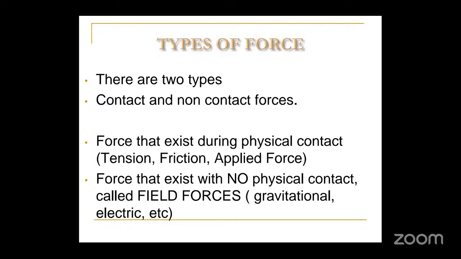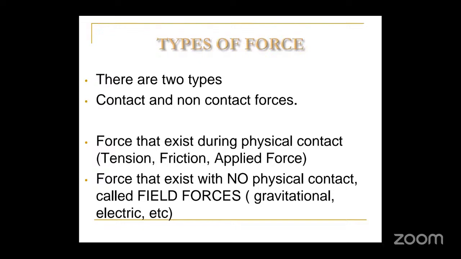By contact force, we mean that there is physical interaction between the object that is set to move and the force applied to make the object move. So force that exists during physical interaction or physical contact is referred to as contact force.